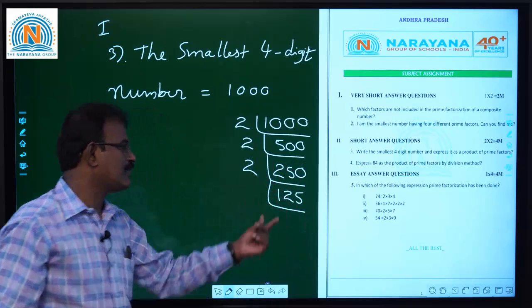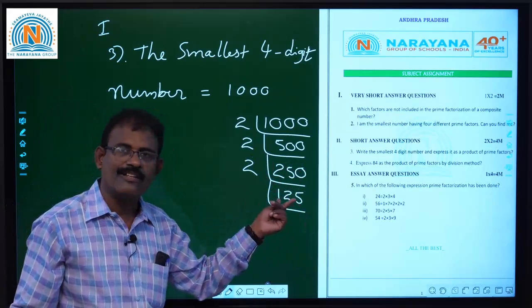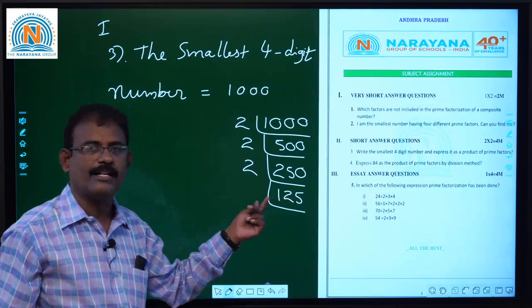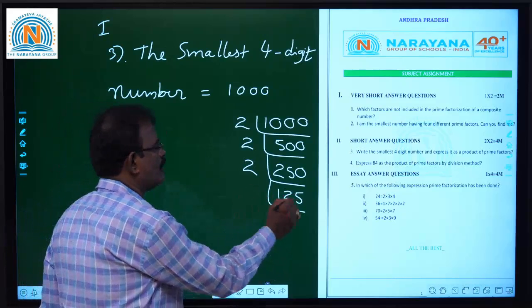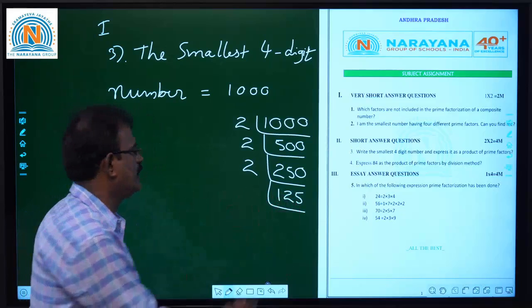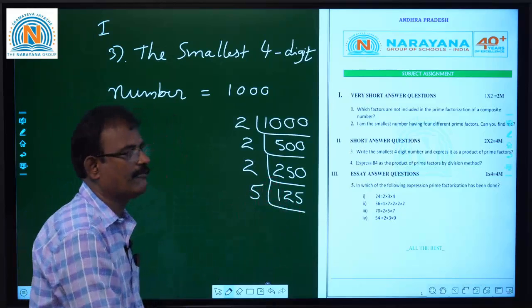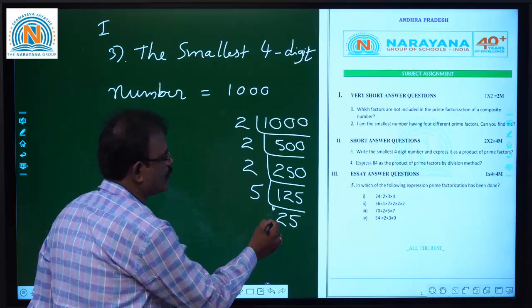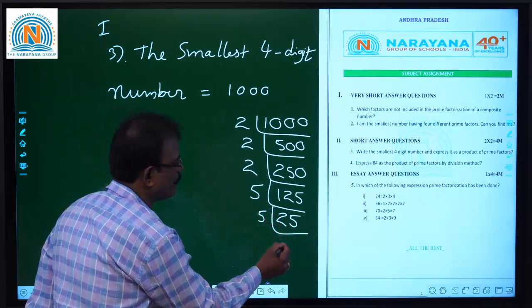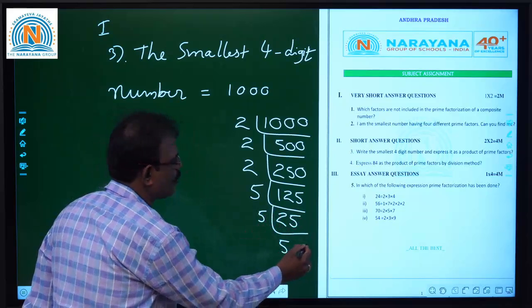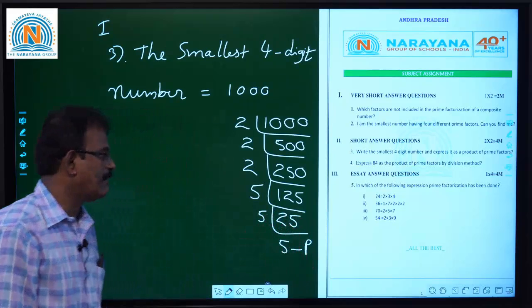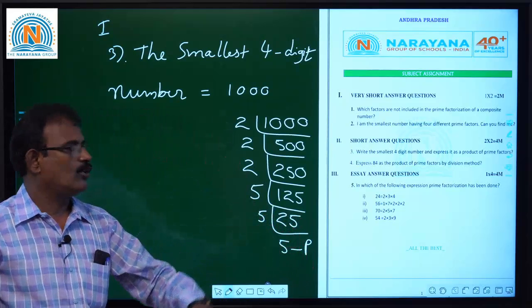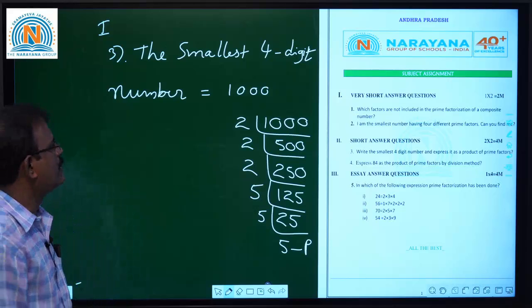The sum of the digits in 125 is 8, and as 8 is not divisible by 3, 125 is not divisible by 2 and 3, so our next prime number is 5. So 125 is 25 times 5, and again 25 is 5 into 5. As the last one is a prime number, our process of prime factorization is completed.